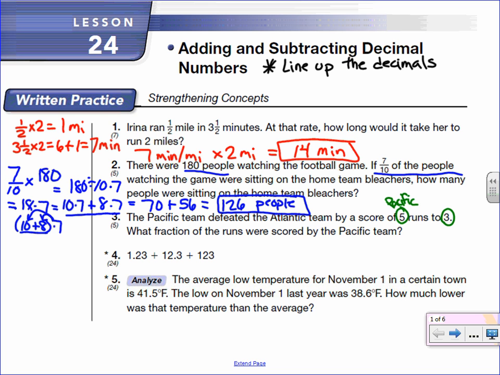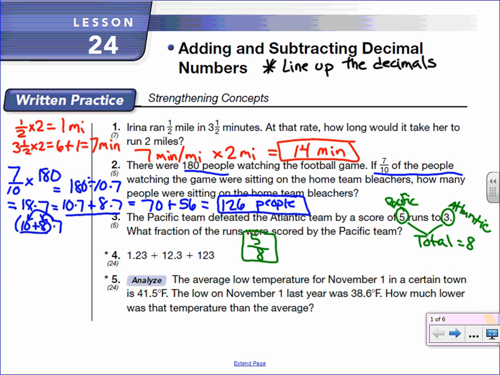And this score here is the Atlantic. But total runs scored is 8. So fraction of the runs that were scored total, Pacific was 5 out of 8. So 5/8 of the total runs were scored by the Pacific team.